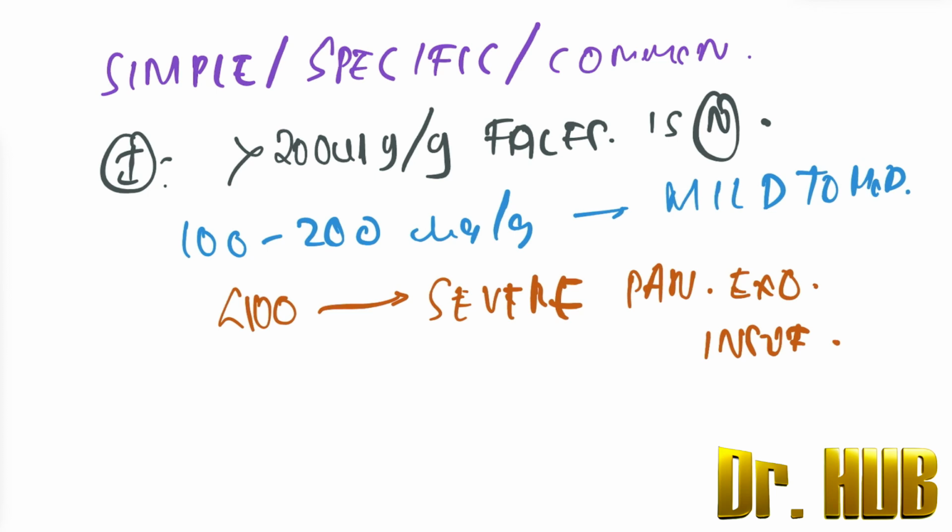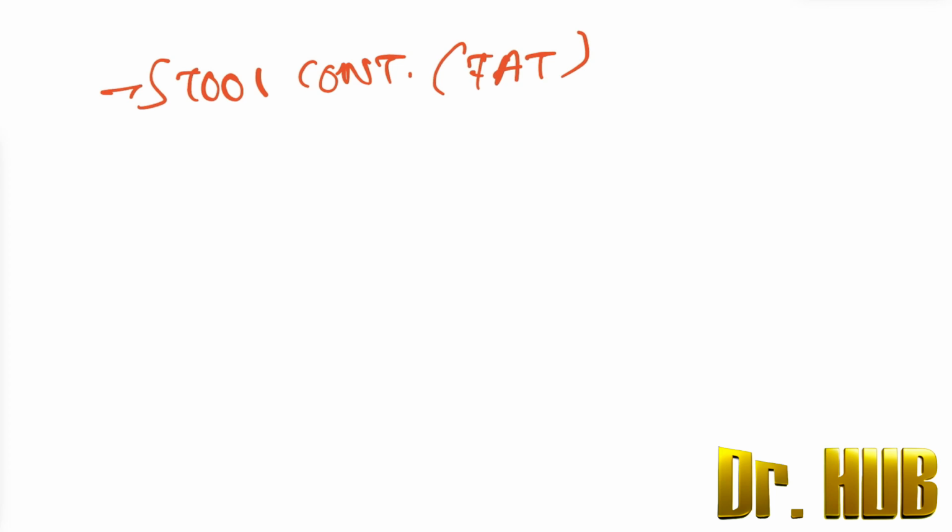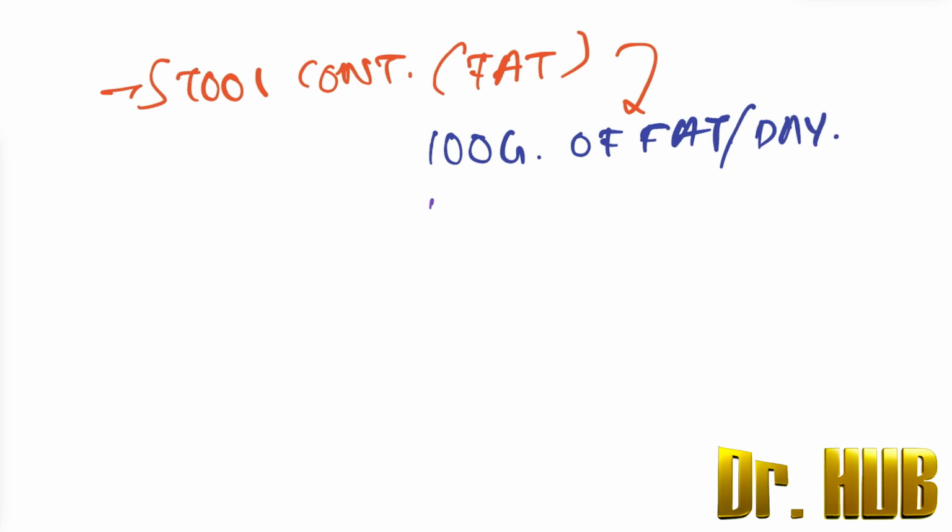Next is the fecal fat and weight estimation test. First we measure the stool content of fat after a nutritional intake of 100 gram of fat per day, during 3 days.